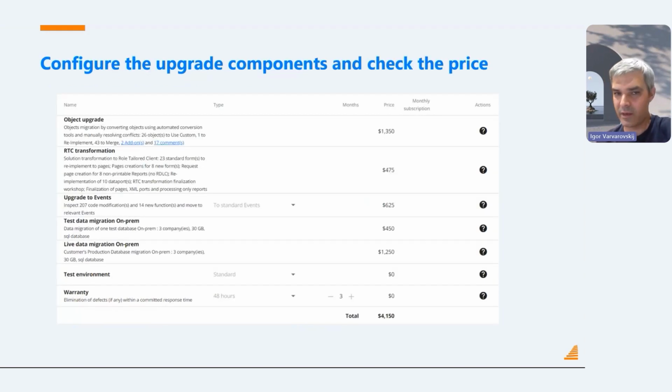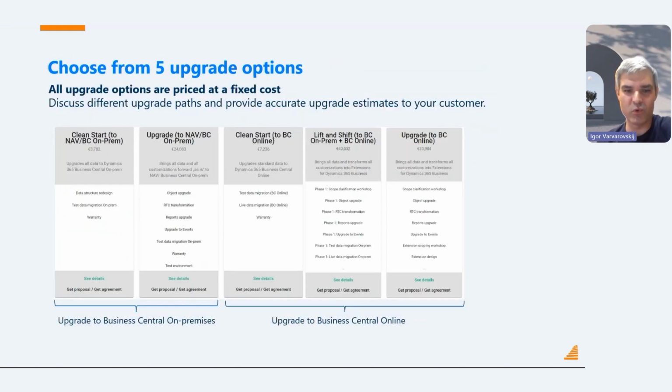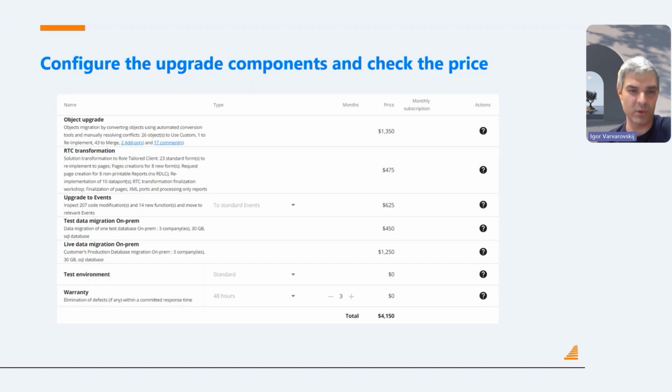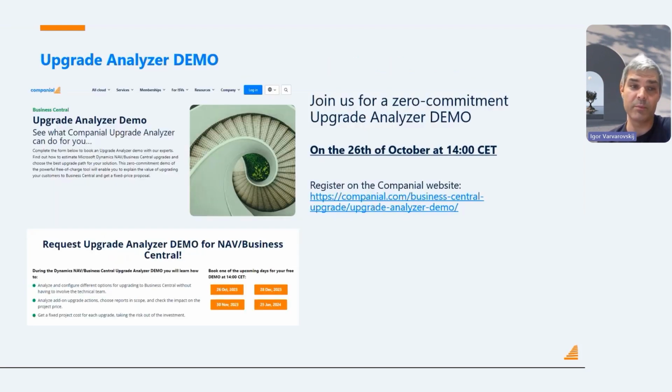You can add a lot of customization, and what's most important, you also have the final price, without any commitment from your side. We provide a fixed price proposal based on the information you provide, and you can interactively change settings and see how it reflects on the price.